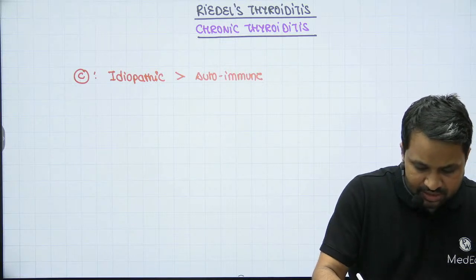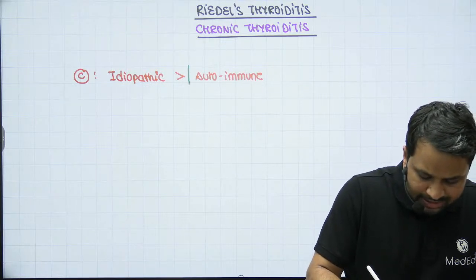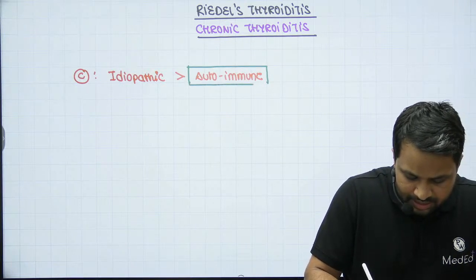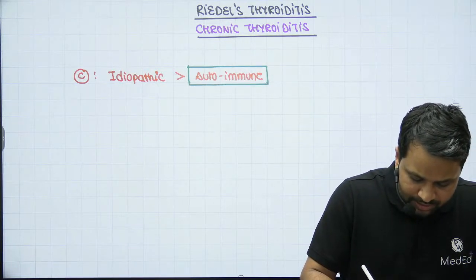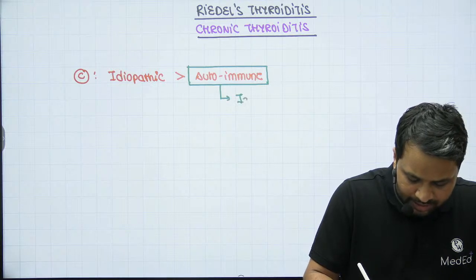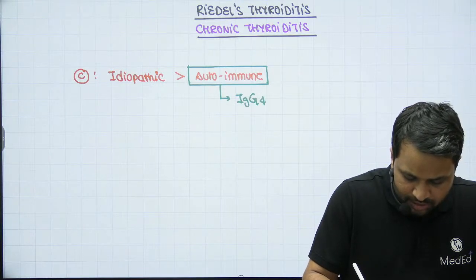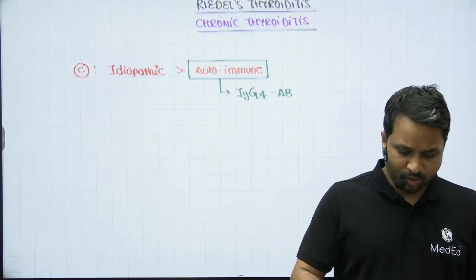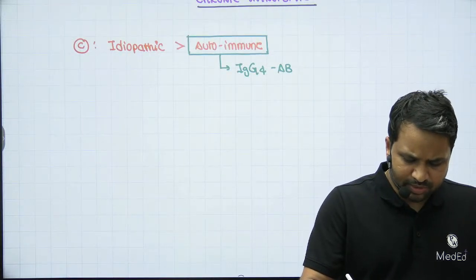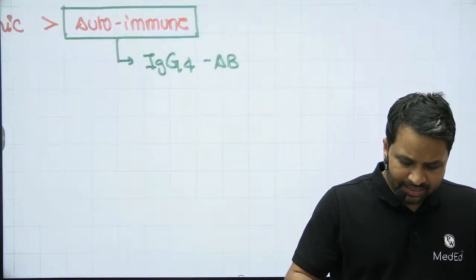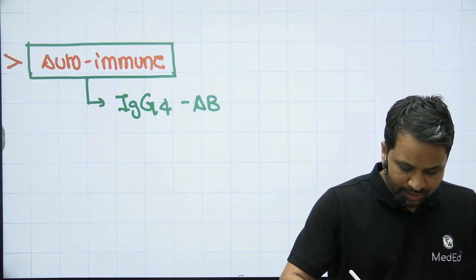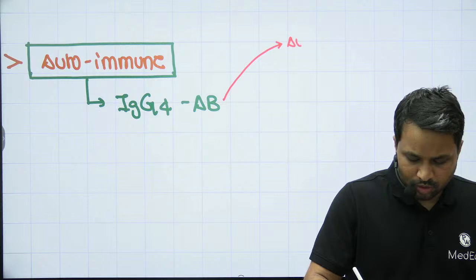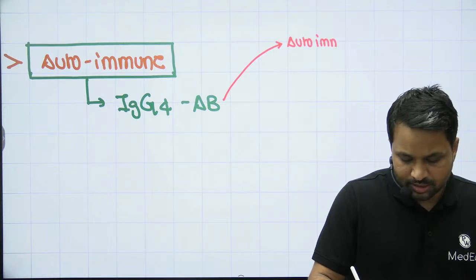Whenever we consider that it is autoimmune in etiology, the antibody which is usually associated with this is the IgG4 class of antibodies. What are the other conditions associated with the IgG4 class of antibodies? IgG4 antibodies are also seen in autoimmune pancreatitis.